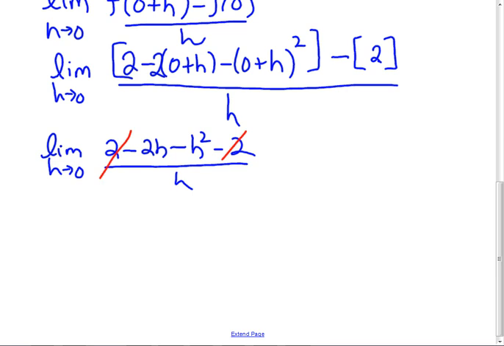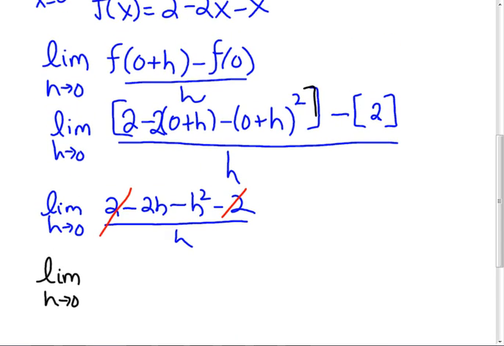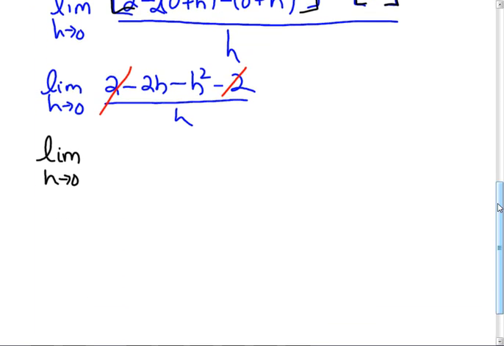What are you going to factor out? H. It's just a parentheses. I'm just trying to show you this is the f of 0 plus h. Then this is f of 0. So if you were to see this on the exam, you'd say, oh, my function was 2 minus 2x minus x squared at 2. And then you could do it the way I just did it in my head.